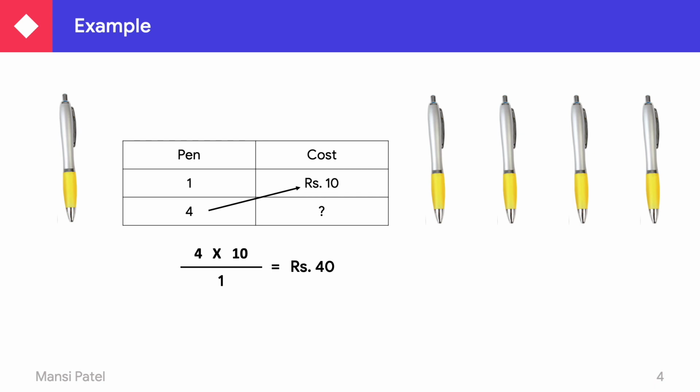Now 4 tens are 40, and 40 divided by 1, your answer is 40 only. Therefore we can say that the cost of 4 pens is rupees 40.